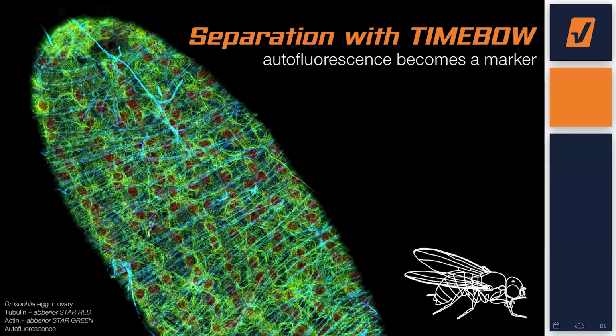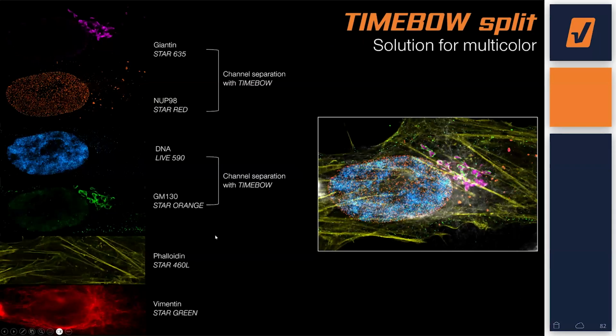Then the matrix detector can be used to do FLIM imaging. We can do FLIM on a large scale. This is a Drosophila larva on a large scale, 3-color FLIM imaging.